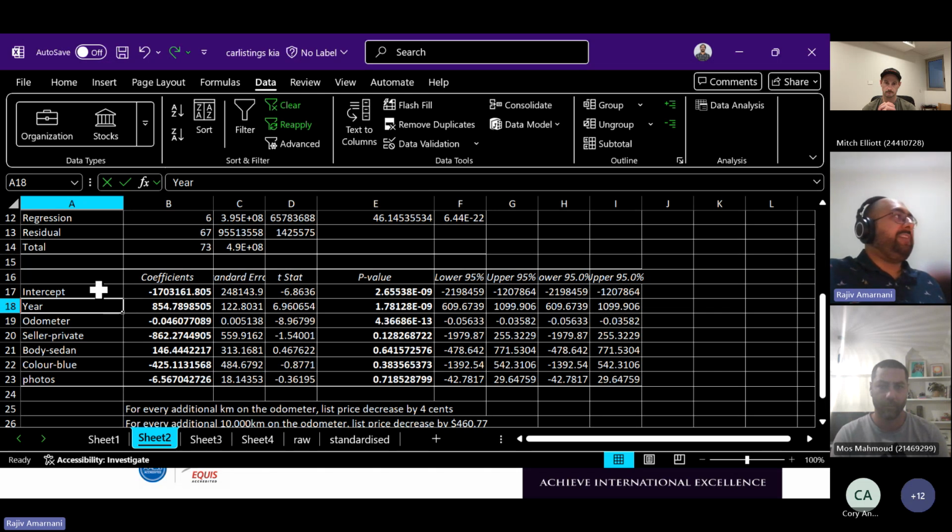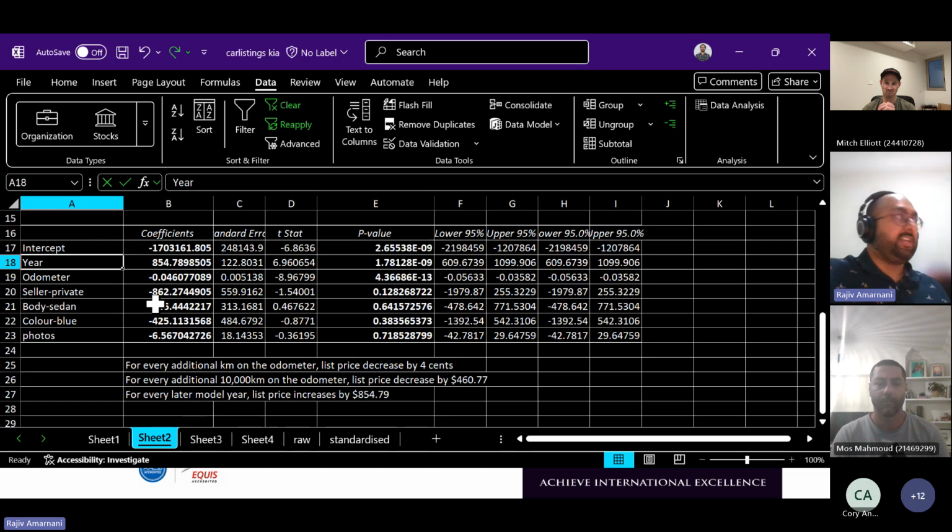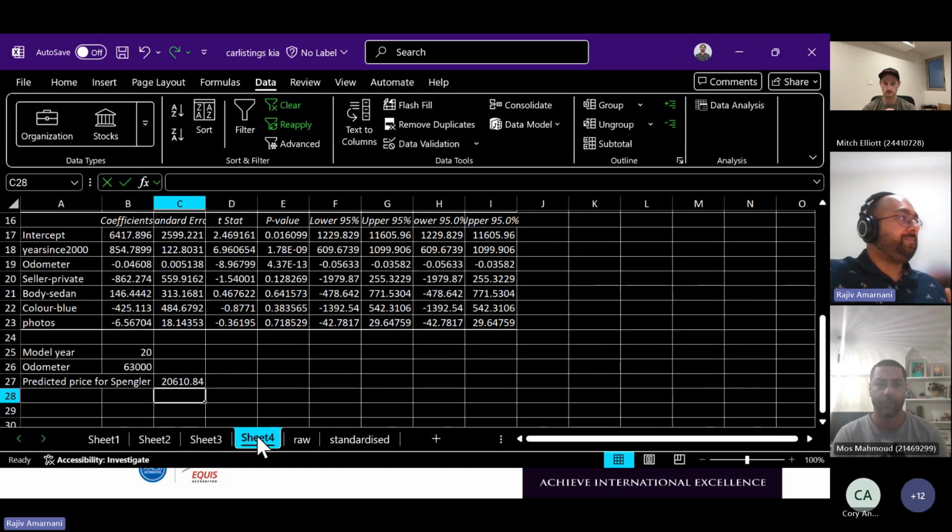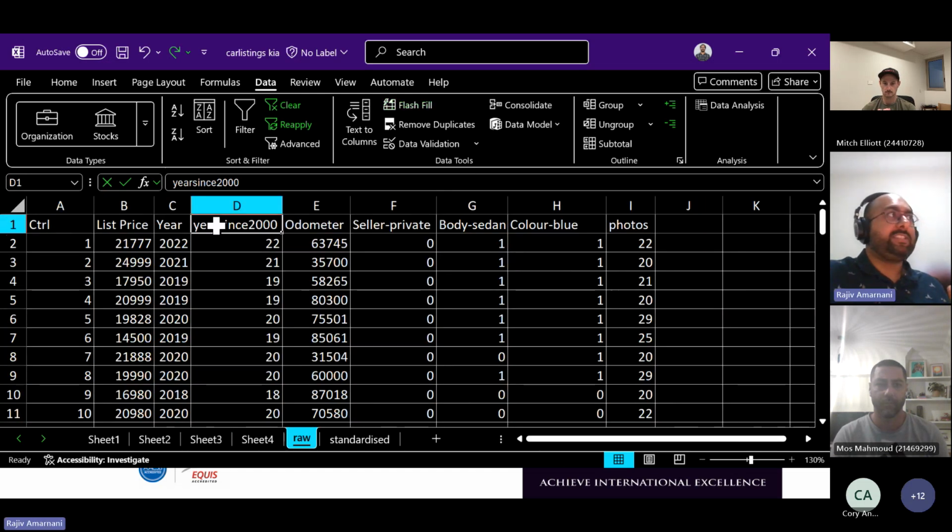So we have changed the way we scaled year to give us an intercept that makes a little more sense. One thing you can choose to do, by the way, because the car is a 2020 car that Spengler is trying to sell, you can make the year since 2020, and some are positive and some are negative, and that just makes things easy for you, right?